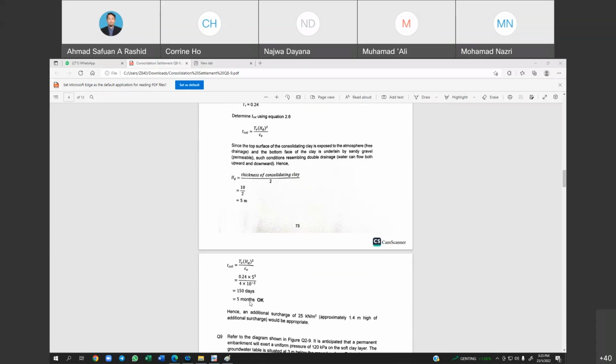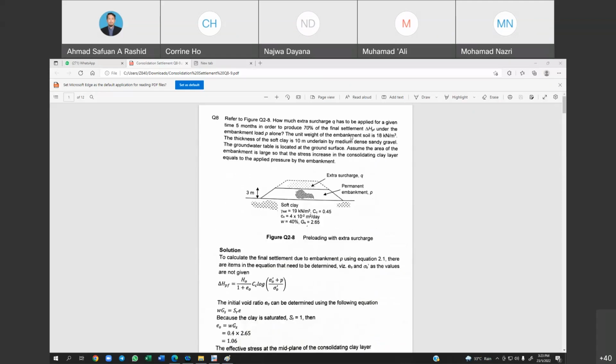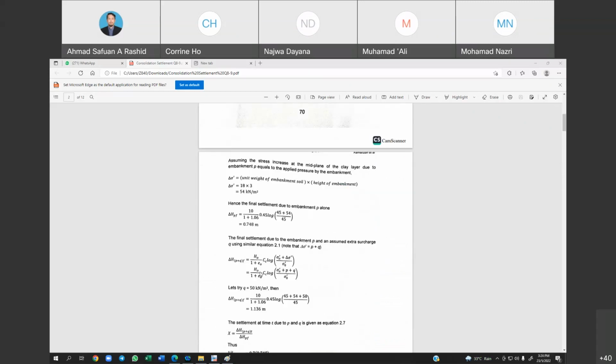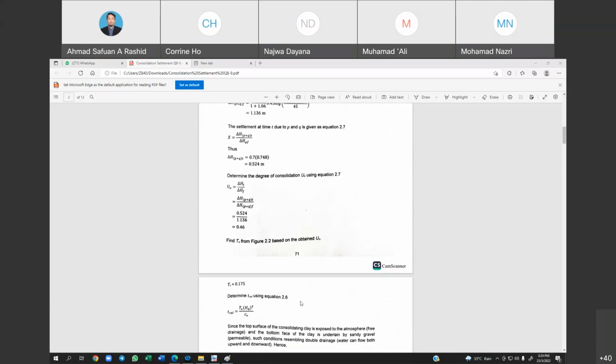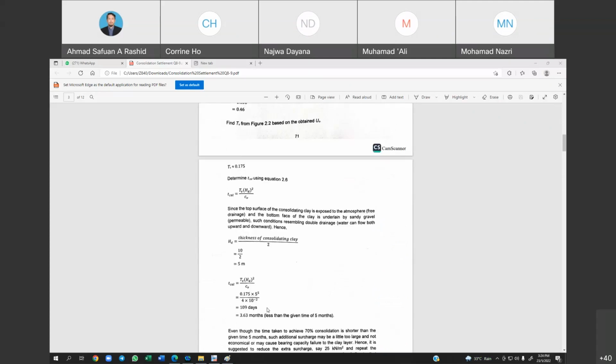So at the end, they want to get the same, as mentioned here, the 5-month value, when they use the Q of 50. So the process of consolidation is completed within 109 days under 70%.